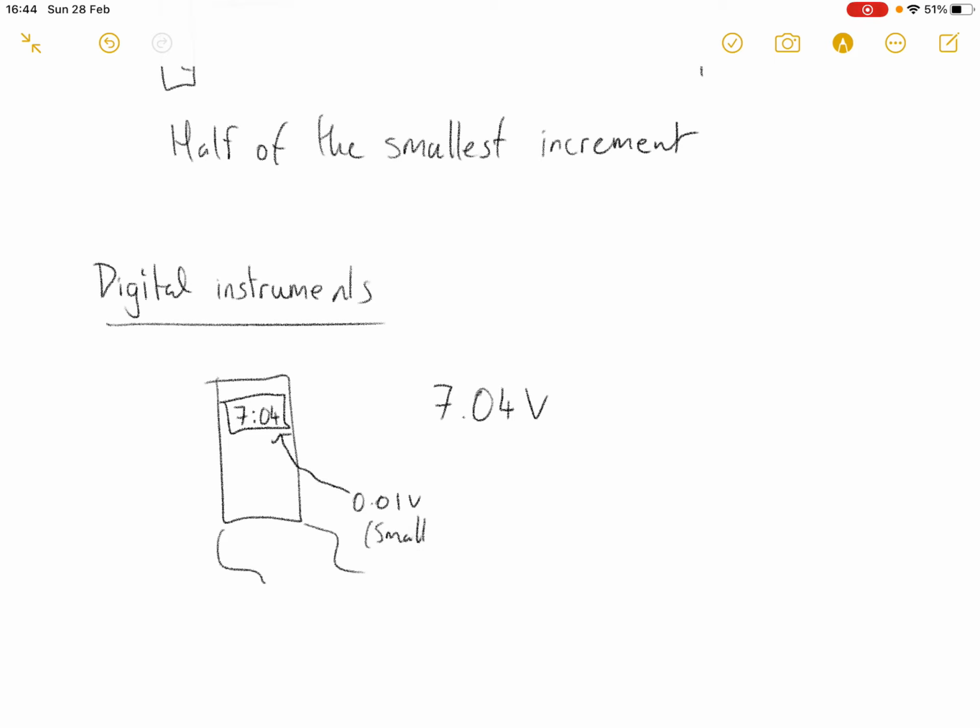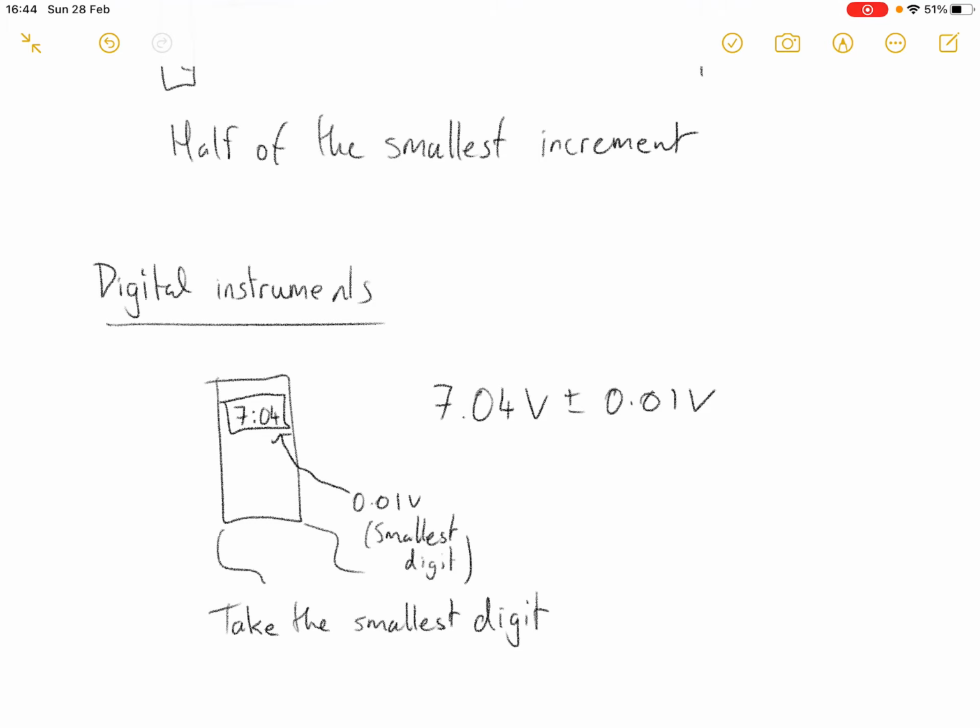That is the smallest digit that I can measure off there. And for digital instruments, we just take that as our uncertainty. Okay, so there we go. In this case, 0.01 volts.